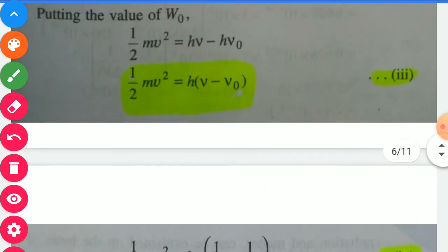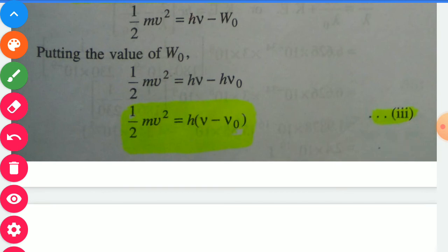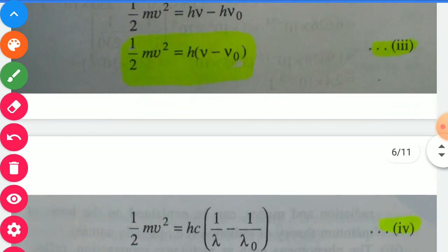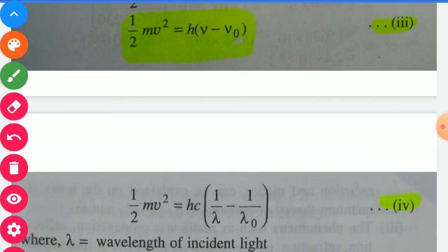If we want to write the frequency in terms of wavelength, we may write in place of nu, 1 upon lambda, and in place of nu 0 we may write 1 upon lambda 0.